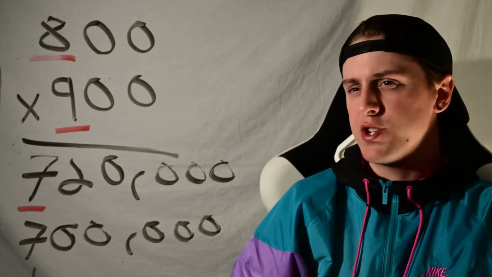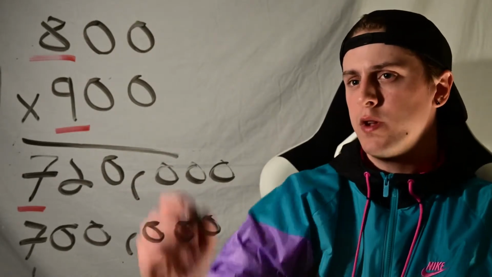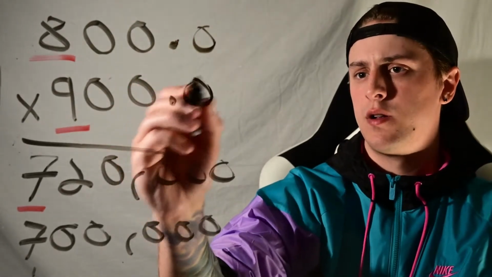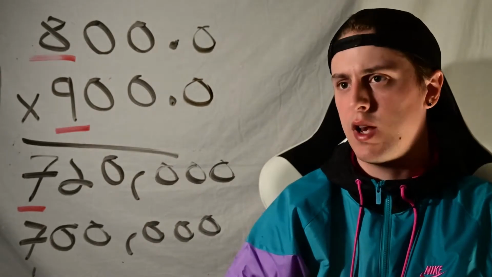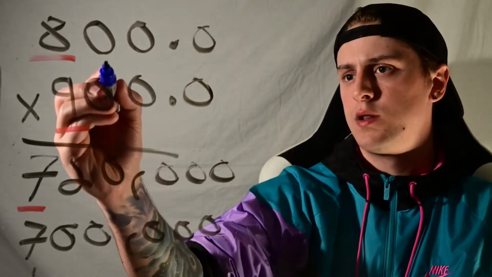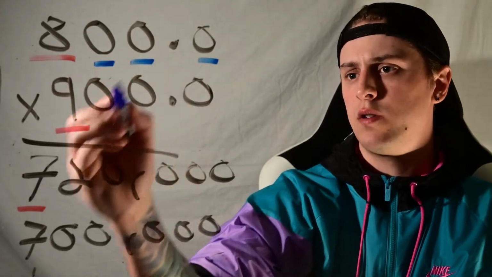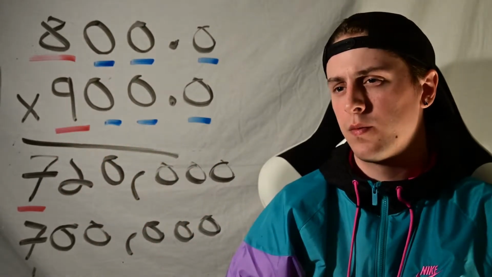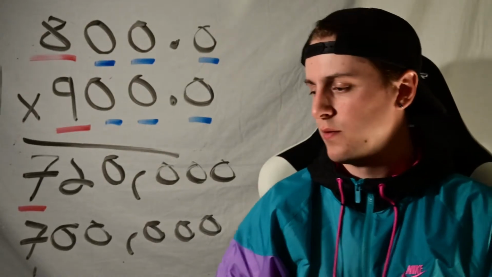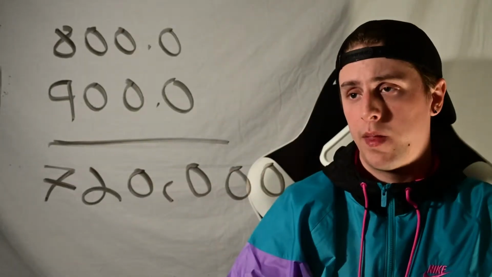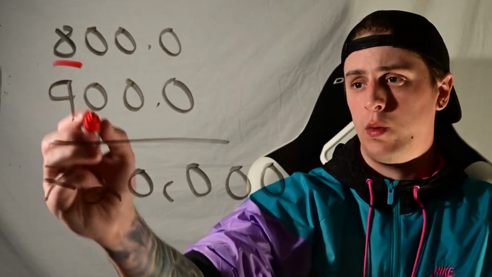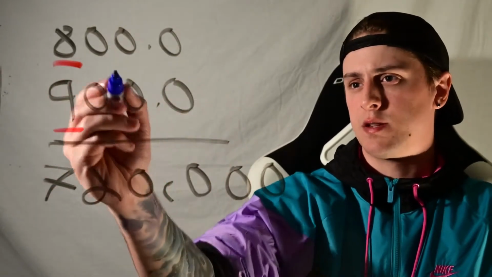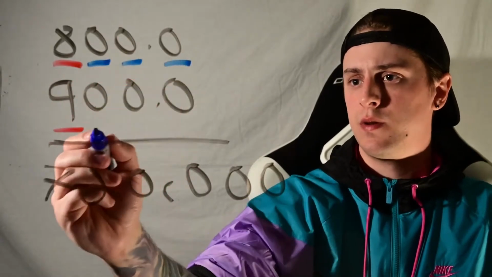Now this changes if we add a decimal. So if we put a decimal here and a decimal here, what we can see is we now actually have 4 significant figures. And all of these zeros now count. Okay, so we know we have our 8, and we know we have our 9. And now with our zeros, because of the decimal, we know that these count too.